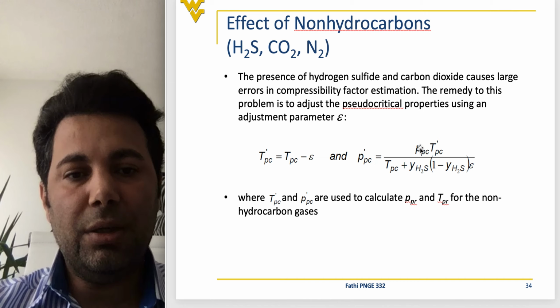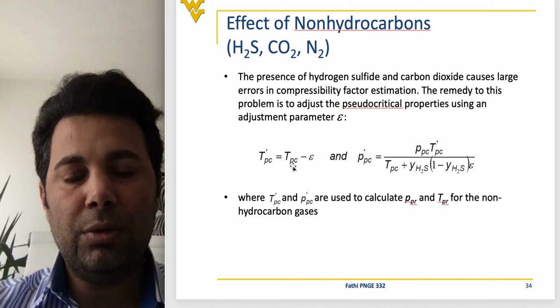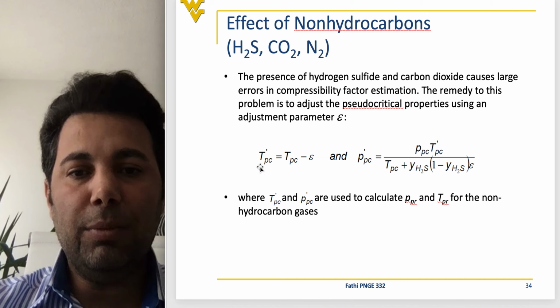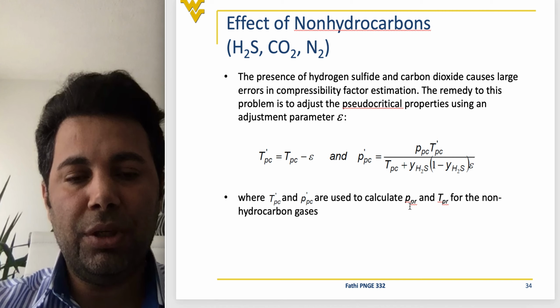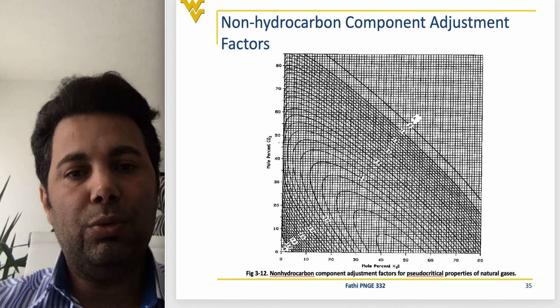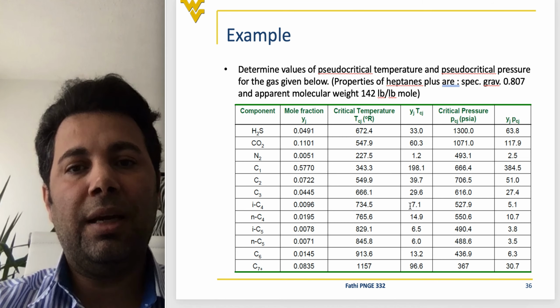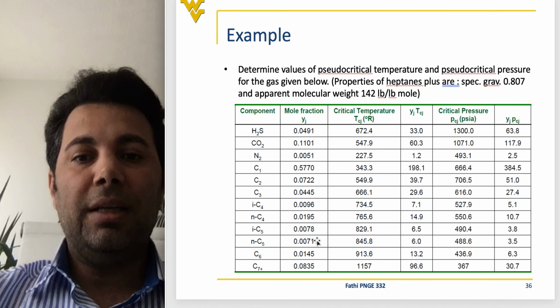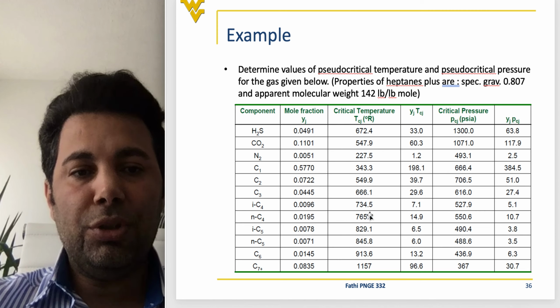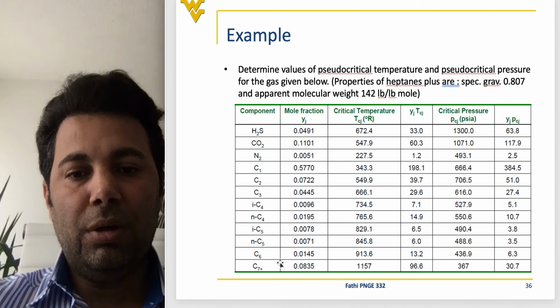So I can use this equation to correct my pressure, and this equation to correct my temperature, and then I'm going to use the corrected TPC and PPC to find the pseudo-reduced temperature and pressure. After that, I use that for my calculations. This example is nice in the sense that it has all the critical temperatures and pressures of the pure components.